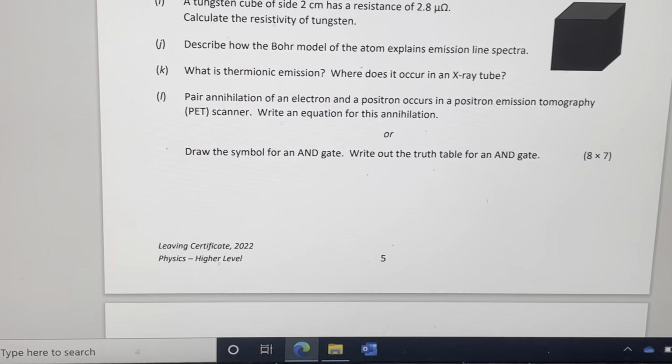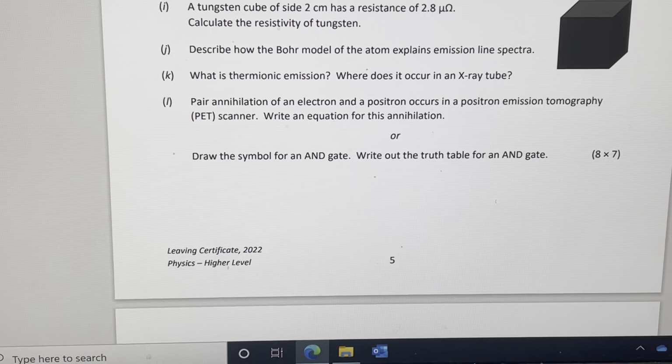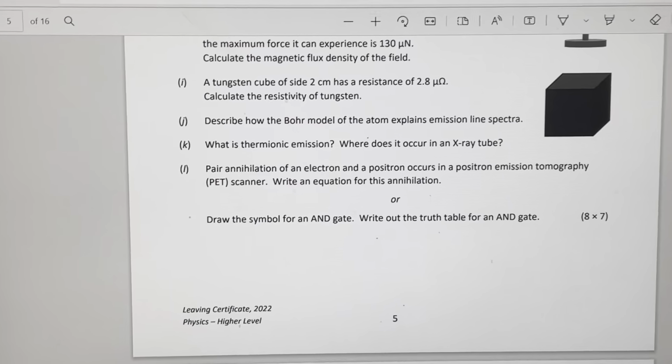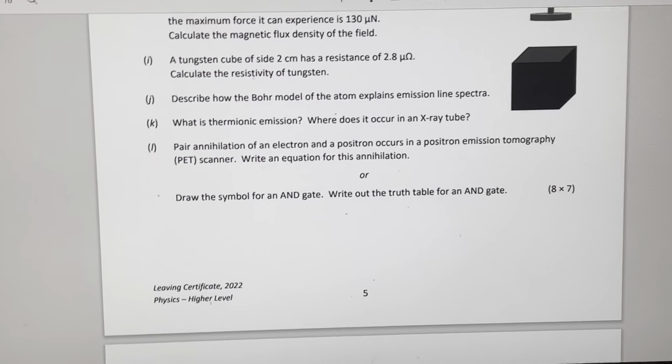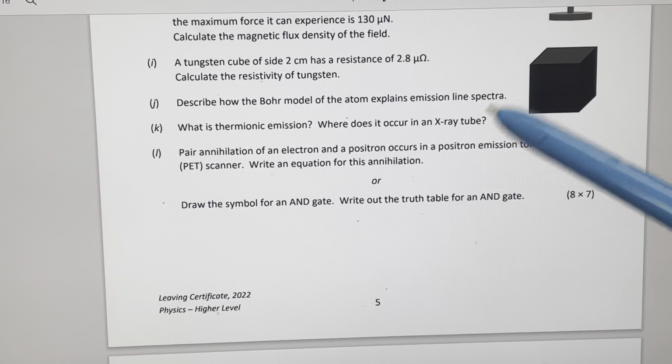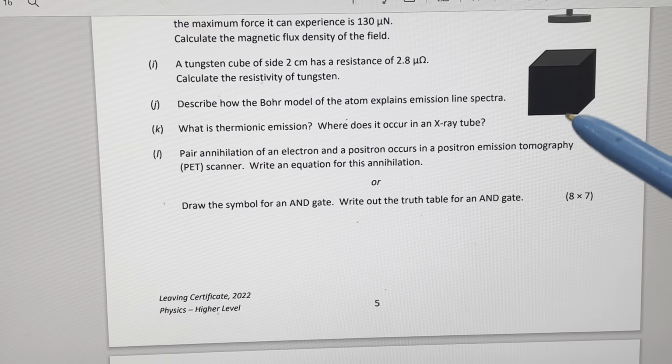Okay, so J, Bohr's model of the atom explains emission line spectra. A lot of people might have left that out, but emission line spectra are in terms of quanta.